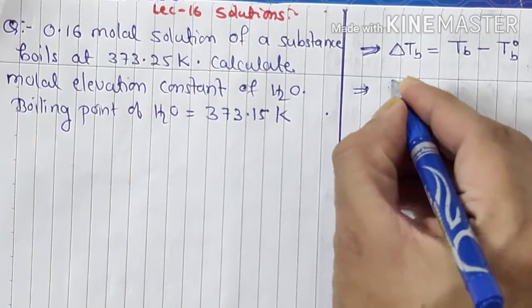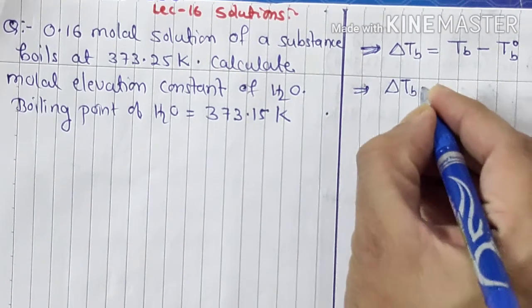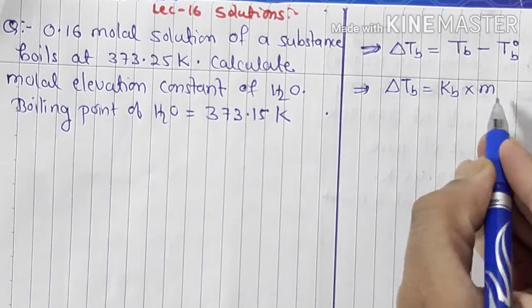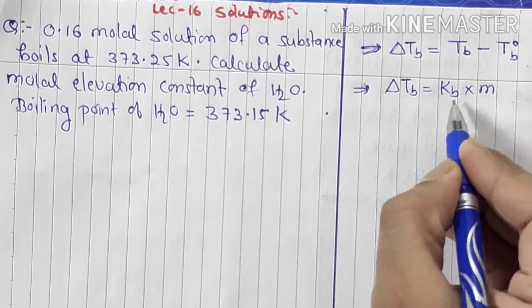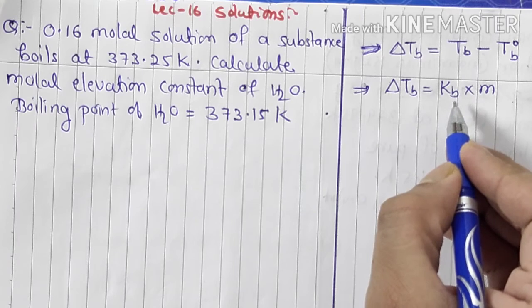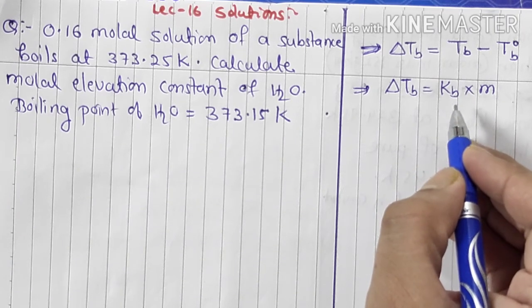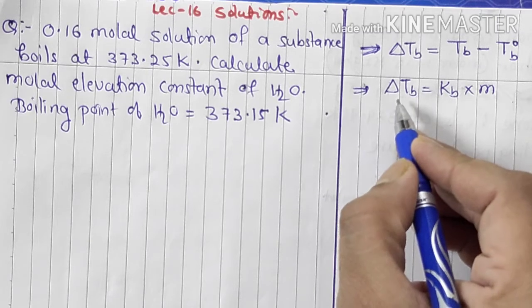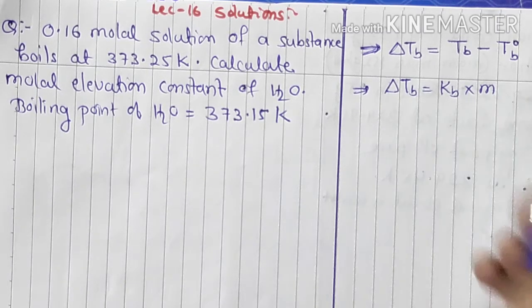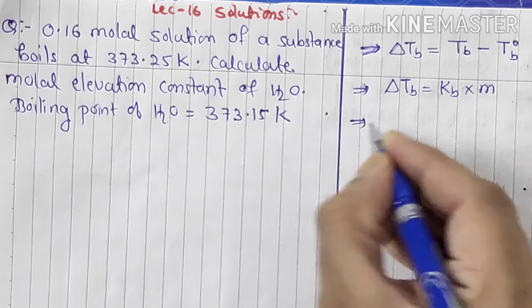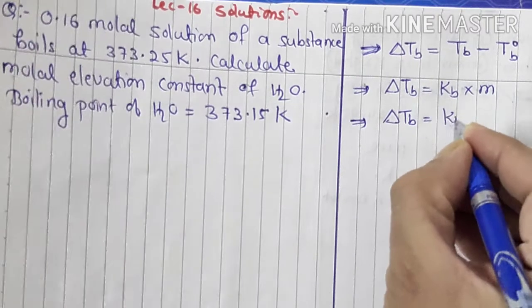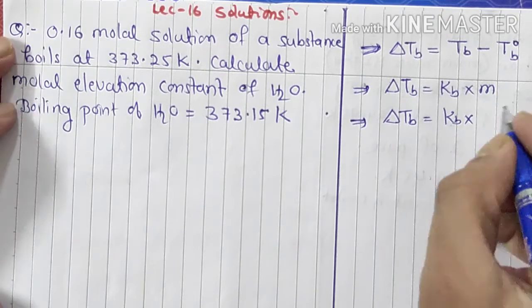एक फॉर्मूला था delta TB is equal to KB into M, where M is molality. KB is called molal elevation constant, or it is also called ebullioscopic constant.